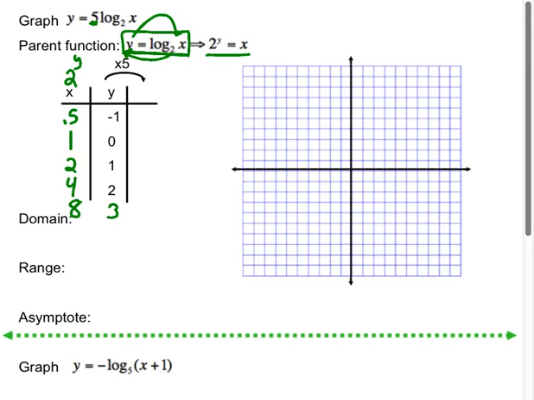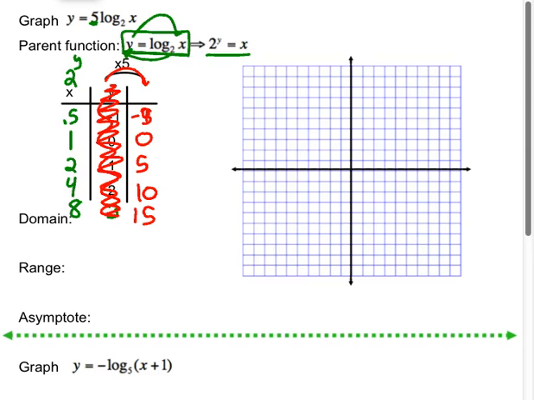Now we have to take into account the fact that we had that vertical stretch of 5. So remember, we take that second column, and I'm going to multiply every one of those numbers by 5. So I have -5, 0, 5, 10, 15. Then I don't need that middle column anymore.